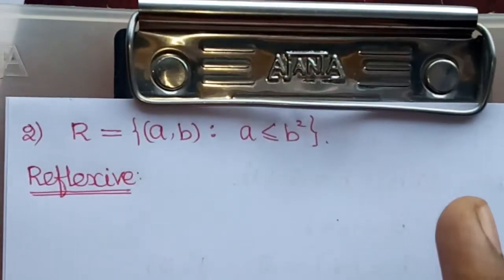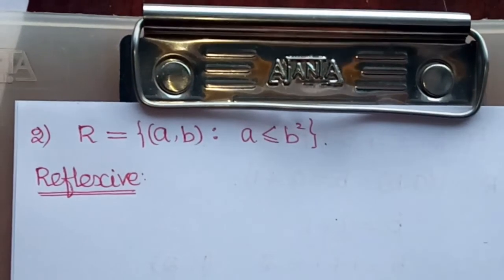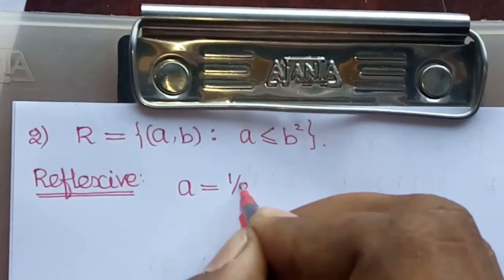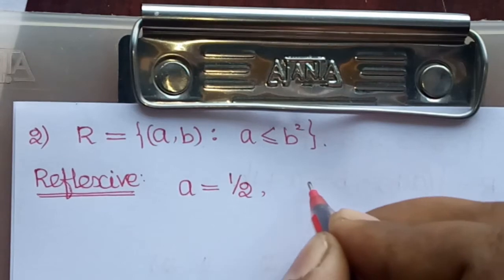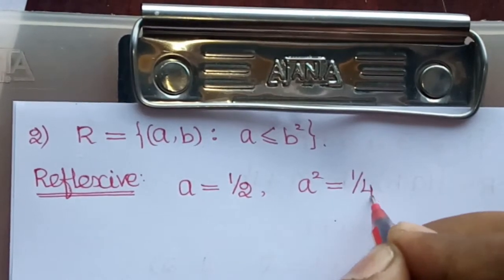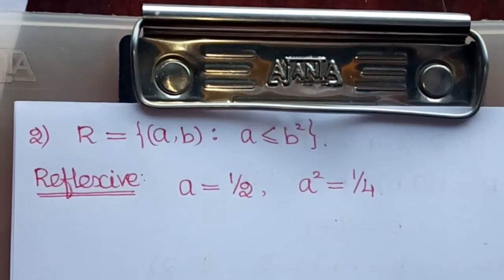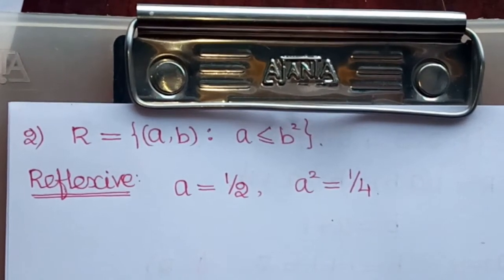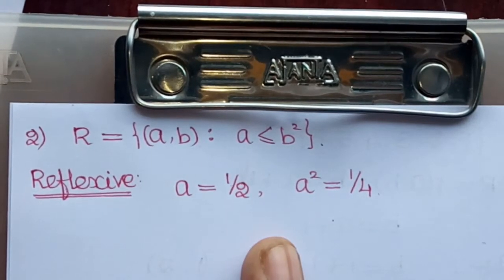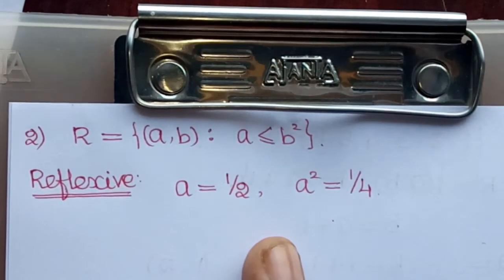Now we put the value A equal to 1 by 2. Then A square is equal to 1 by 4. Now we want to show it is not reflexive. Listen carefully.